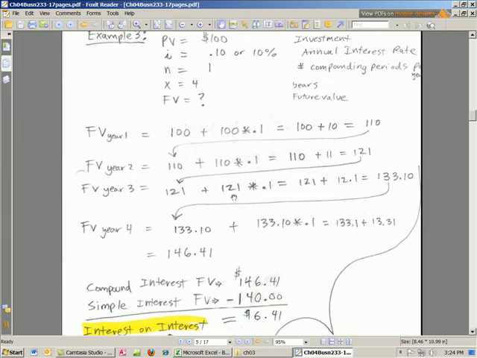Same thing this year. They're going to use the 121 times the 10%, and they're going to get $12.10 instead of 10. They use this total the next year. So at the end of the 4th year, they're giving you $13.31 instead of just the 10.